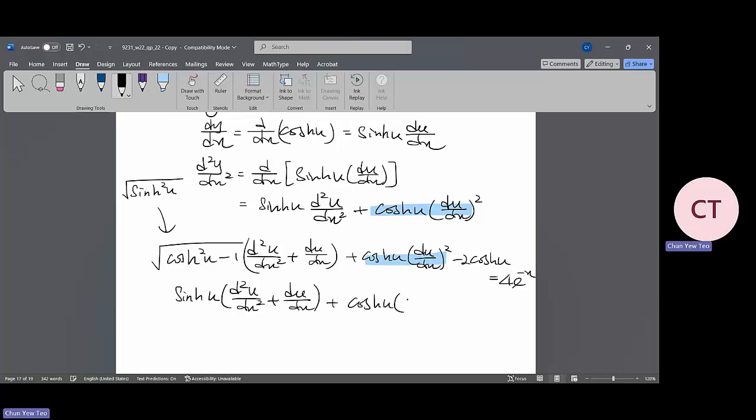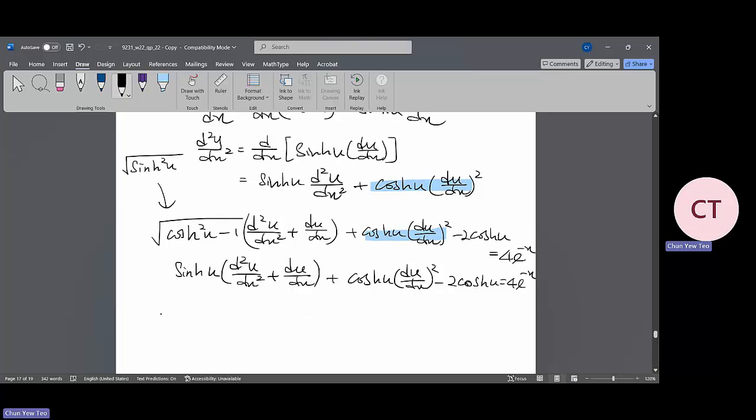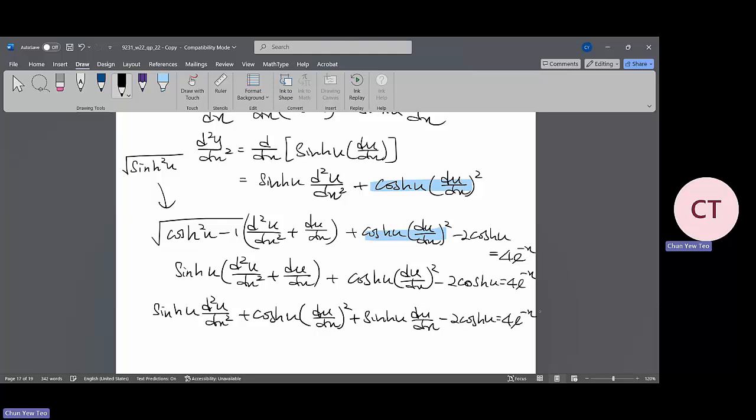So first of all, we simplify the first part. The rest, just be patient. No need to copy down. Just copy down only. No need to modify anything. So once you expand, you will get this one as sine u d squared u over dx squared plus cos u du over dx squared plus sine u du over dx minus 2 cos u equal to 4e to the power negative x.